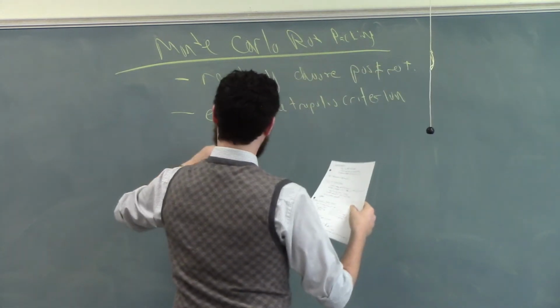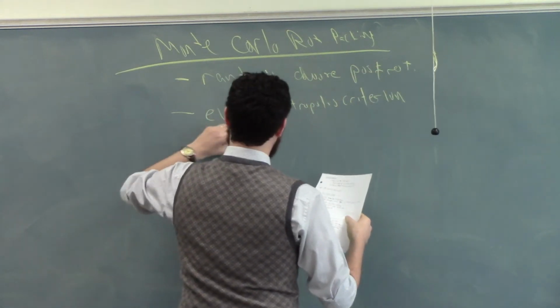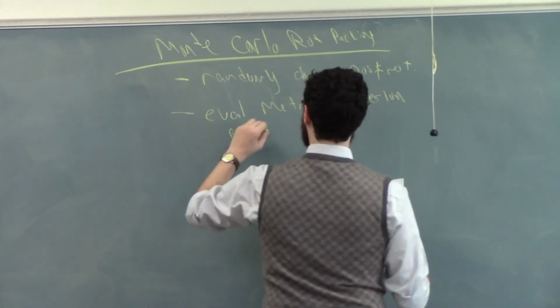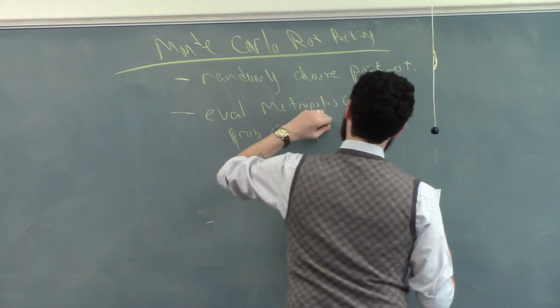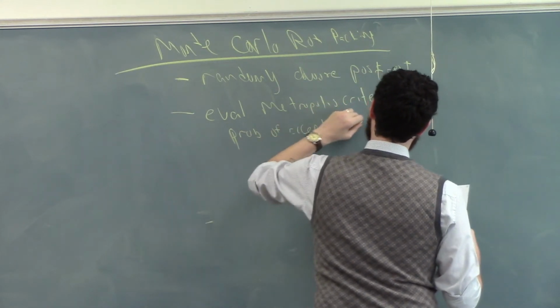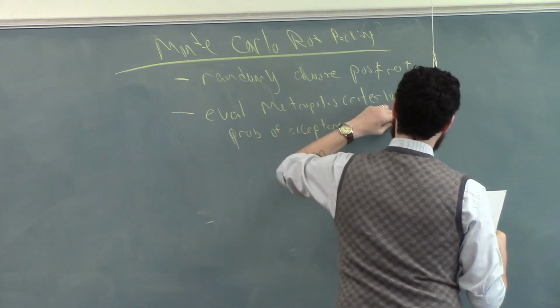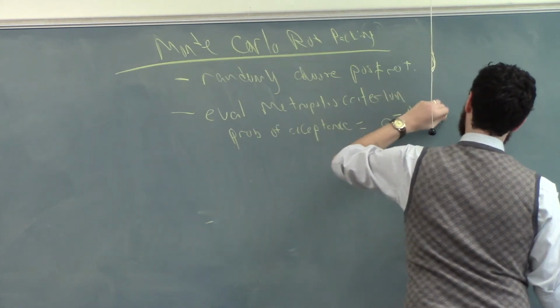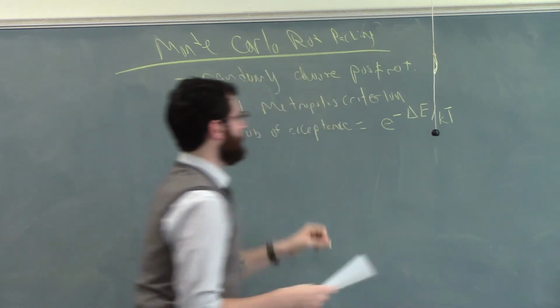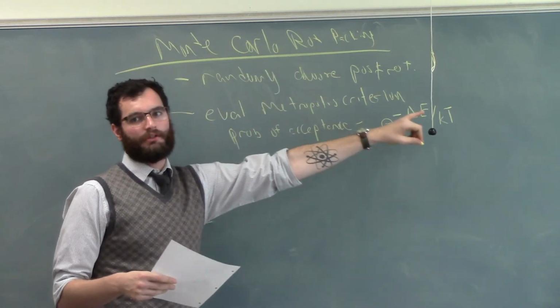And in case we forget, that's that the probability of acceptance is e to the negative delta E over kT.